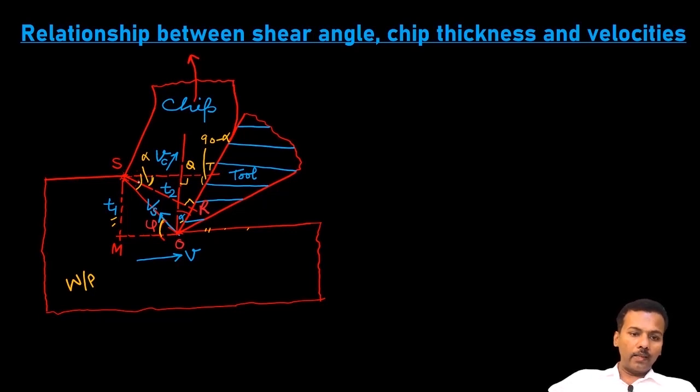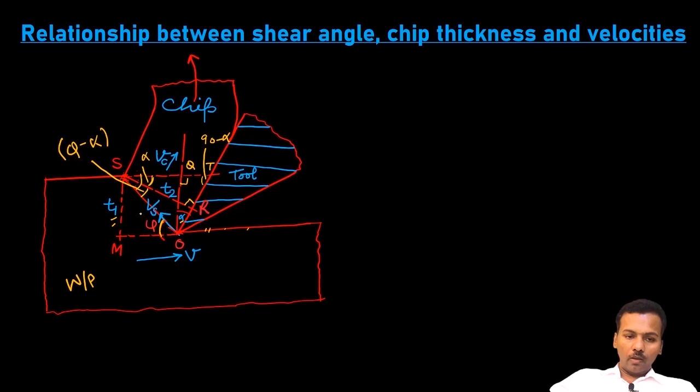So this total angle is phi. What will this angle be? Naturally it will be phi minus alpha.